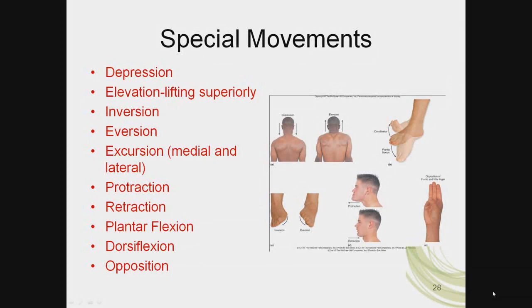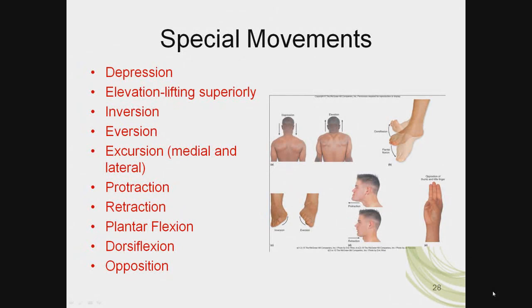A special consideration is excursion. There's medial and lateral, and some textbooks actually put this as a gliding rotation or a gliding motion, which is technically true. But when we speak of excursion, we are specifically speaking of a joint in the mouth that allows you to chew. More on this to come.